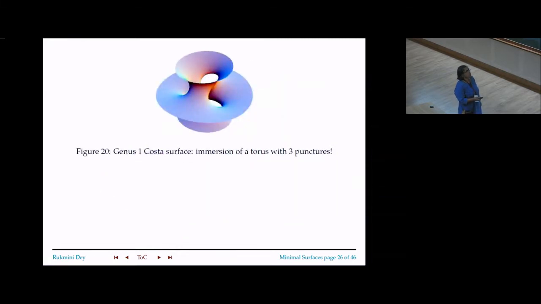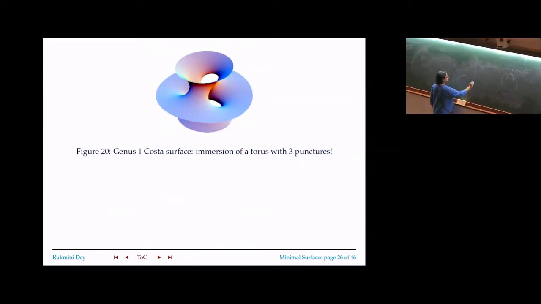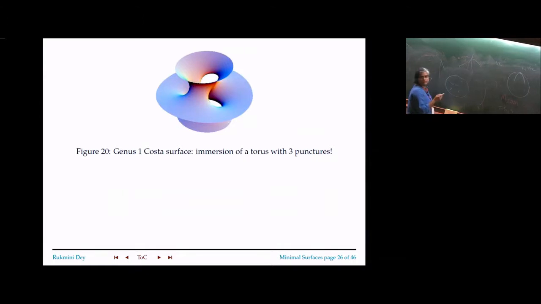This is a very interesting surface called the Costa surface. Topologically, what is it? Topologically, it's nothing but the torus with 3 punctures. Just 3 punctures. And what happens is these punctures open out. And you see there is a genus over there.